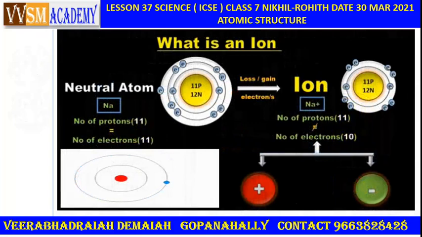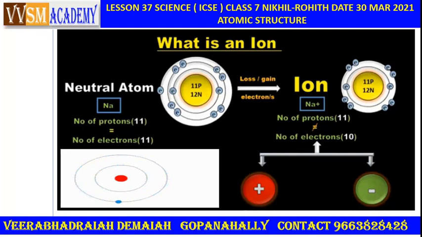Neutral atom, for example sodium: 11 protons, 11 electrons, 12 neutrons are there in the sodium atom. The number of protons, 11, is equal to the number of electrons, 11. That's why the sodium atom as a whole is neutral. Suppose it loses its outermost orbital electron.